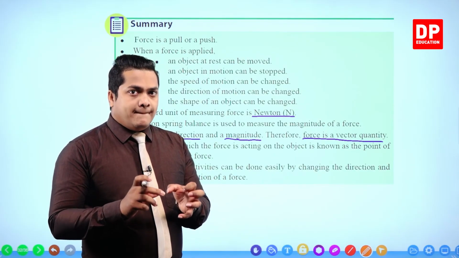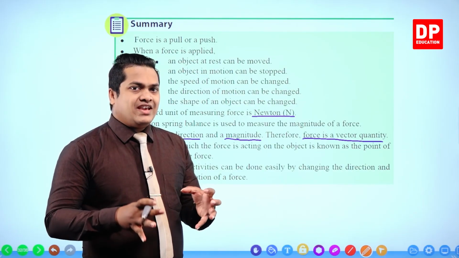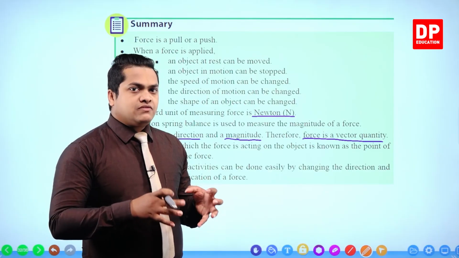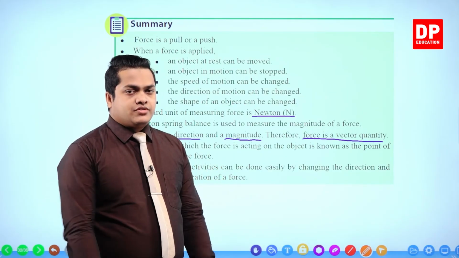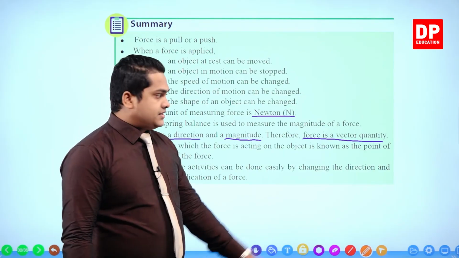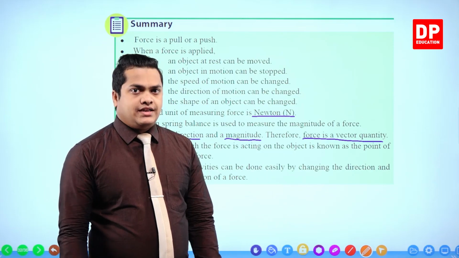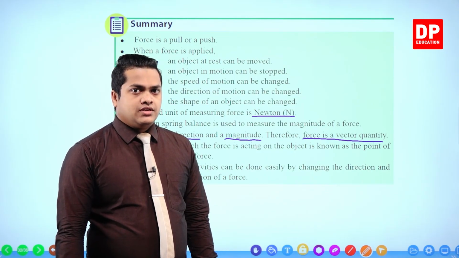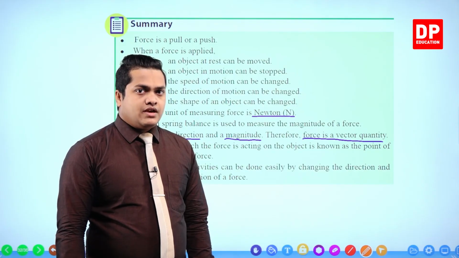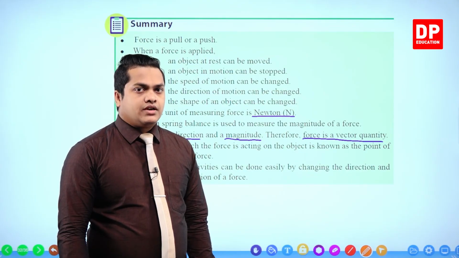If a quantity has both of these factors, magnitude with a direction, then my dear children, it is referred to as a vector quantity. So all the forces acting in our environment, all the forces that can be observed on our earth, are considered vector quantities. Okay, vector quantities.